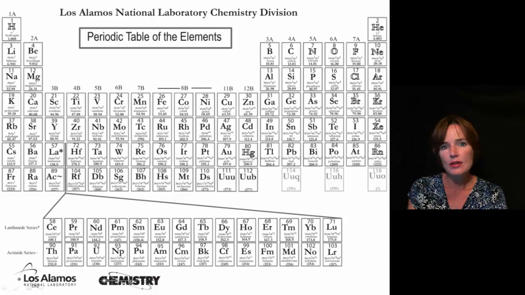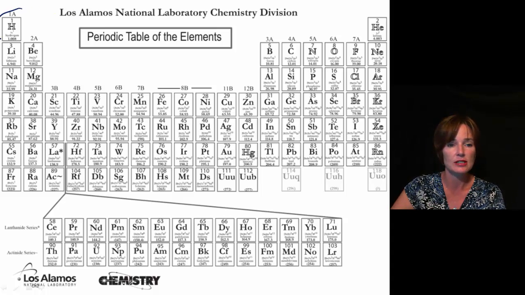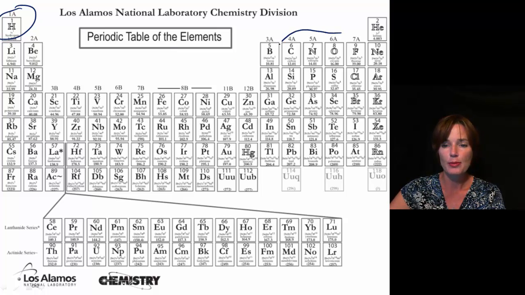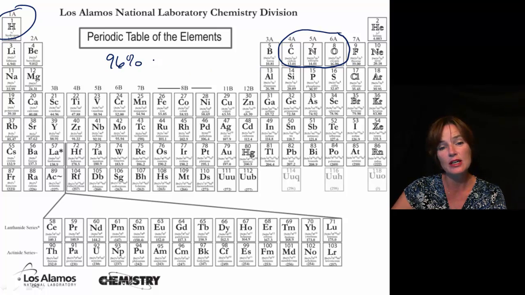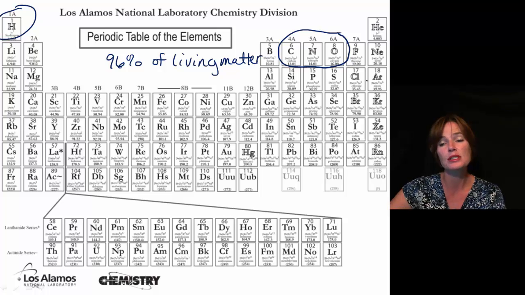Now, there are a lot of different elements, but the four that we are going to be focusing on specifically are hydrogen, and then carbon, nitrogen, and oxygen over here. The reason that we're focusing on those four is because together they make up 96% of living matter. And if it's 96% of living matter, that means that these are going to compose 96% of microbes, which again is really what we're focusing on in this course.